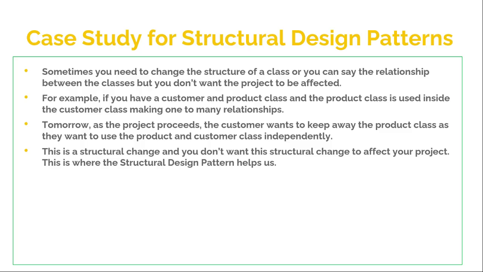So you have to remove this one-to-many relationship between the customer and product objects. When we want to make this kind of structural change, and you don't want this change to affect your project, this is where the structural design pattern helps us.